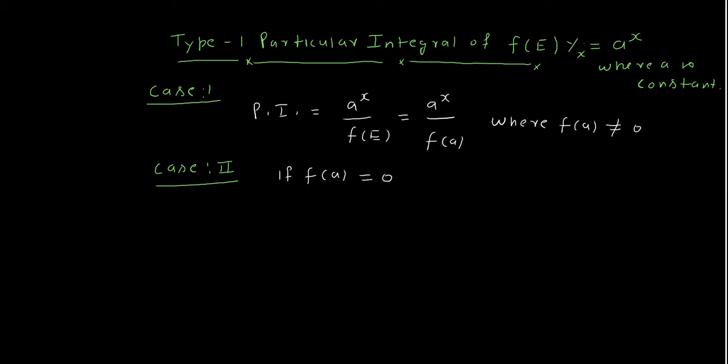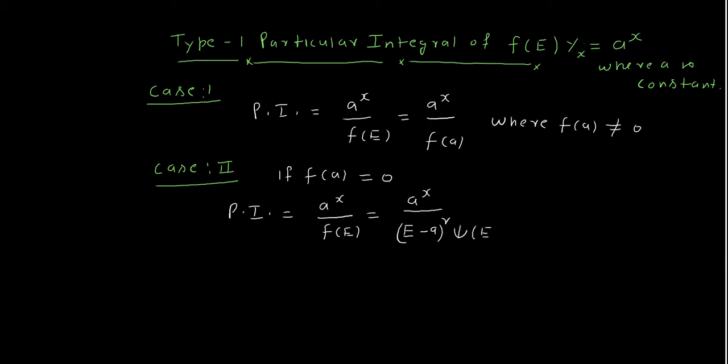Then the particular integral of a to the power x upon f of E equals a to the power x upon (E minus a) to the power r into phi of E.